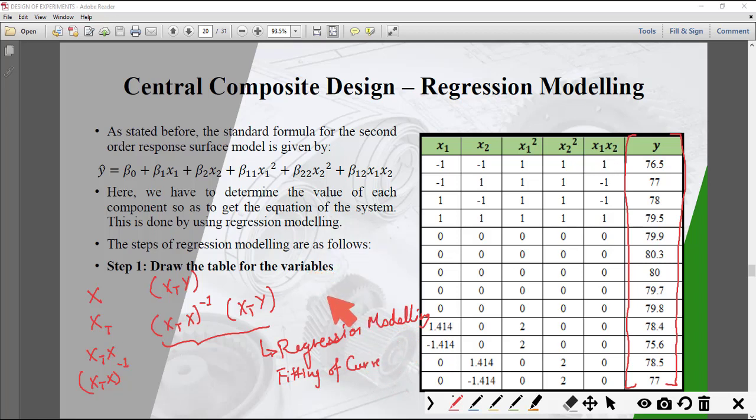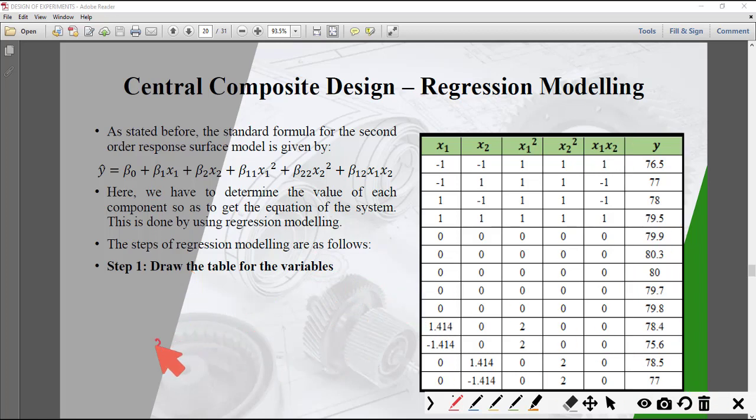We are trying to find out the equation of the curve which will fit these points. Basically, we are giving it 3 points and we are trying to find out the equation of the curve which is going to fit inside these 3 points. That is what we are doing in all these steps.